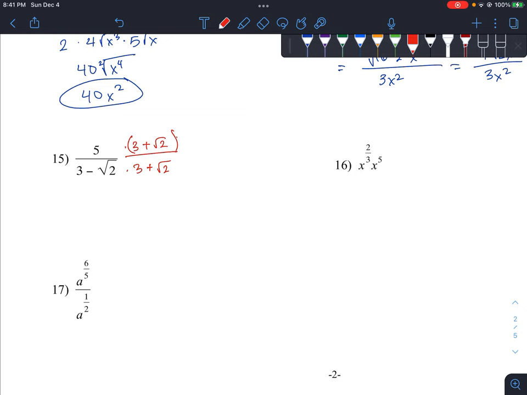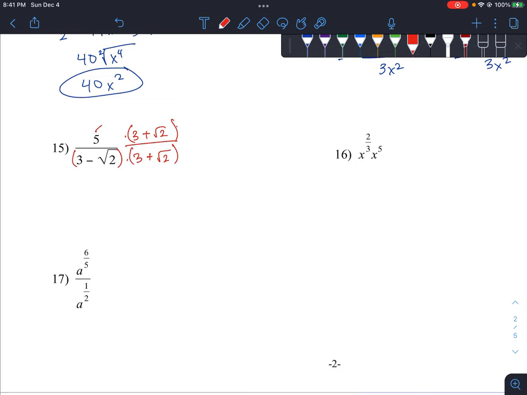Okay, now we're going to have to use some distribution here. So on the top, I have to distribute the 5 to both terms. So it's going to be equal to 15 plus 5 square root of 2. Now on the bottom, 3 times 3 is going to be equal to 9. Now, the good thing about multiplying by a conjugate is that the outer and inner terms are going to cancel. So you can see that's 3 square root of 2 positive.